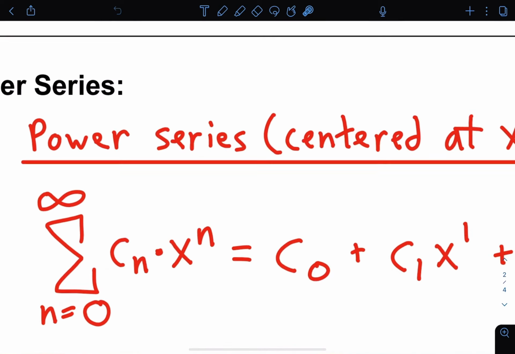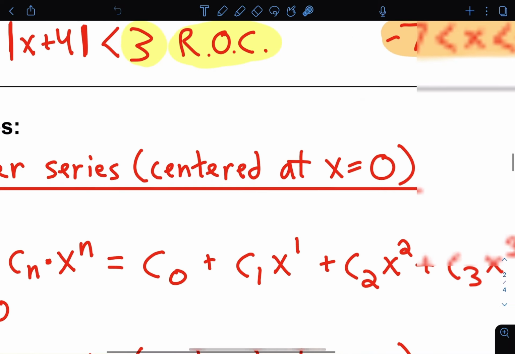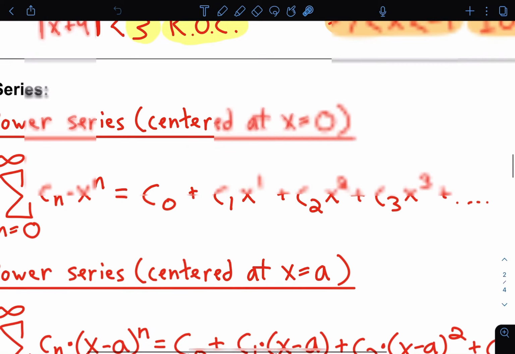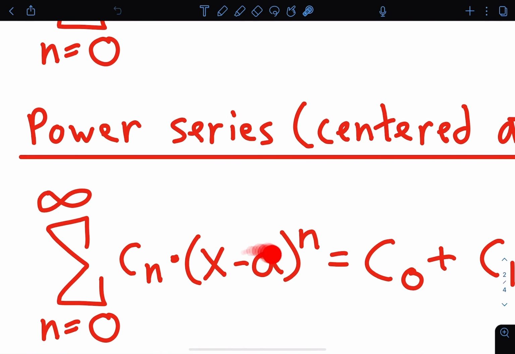But this is a power series. It's a geometric series where the r value is some power of x. So x to the 0, x to the first, x squared, x cubed. We're multiplying by an x every time. If it's centered at x equals a, it just looks like it has a shift. Think of graphing back in Algebra 2.